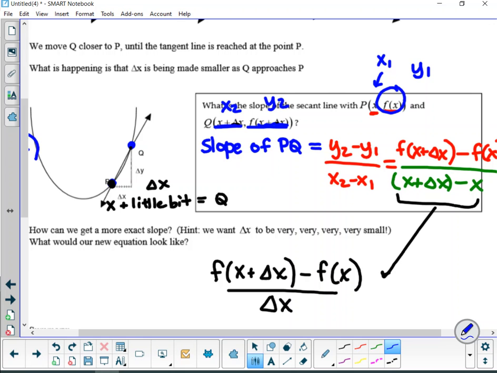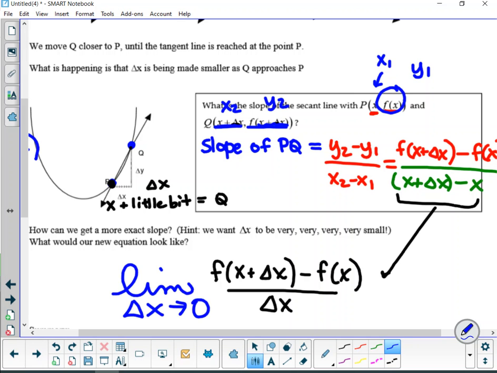I want P and Q to get really close together. I want to move Q super, super close to P so that the space between them is almost nothing, super teeny tiny, almost zero. And I'm going to represent that with a limit.